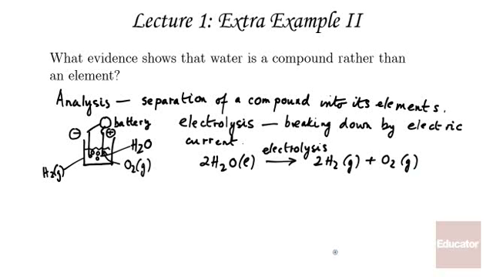Nothing, by the way, that we can do chemically to either hydrogen or oxygen will make them simpler. That's why they are called elements. There are also more fundamental, more theoretical reasons, which again we will get into later in the course.